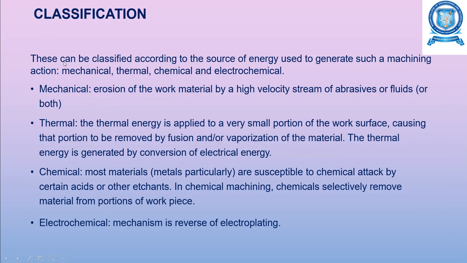This unconventional machining process can be classified according to the source of energy normally used to generate such a machining action, that is mechanical, thermal, chemical and electrochemical. For mechanical, erosion of work material happens by a high velocity stream of abrasives or fluids, or even both.